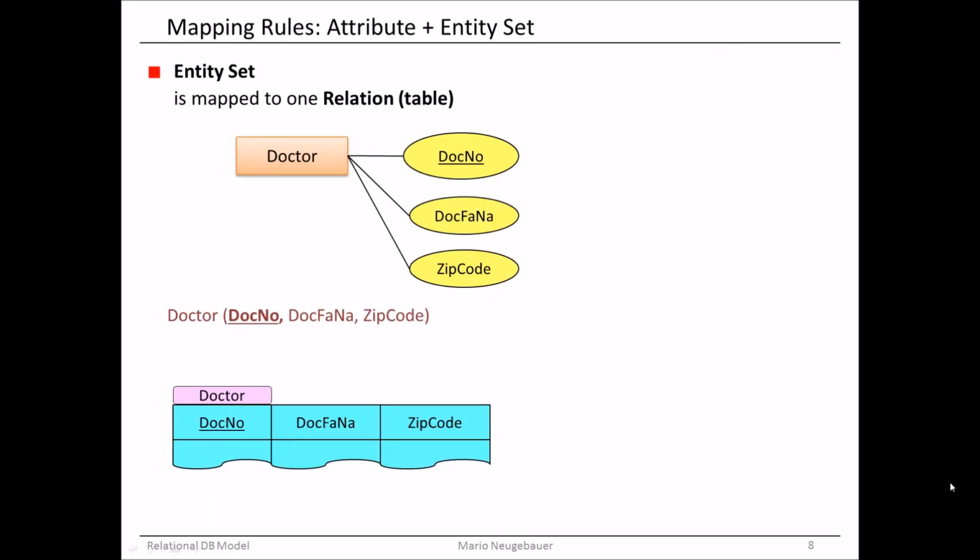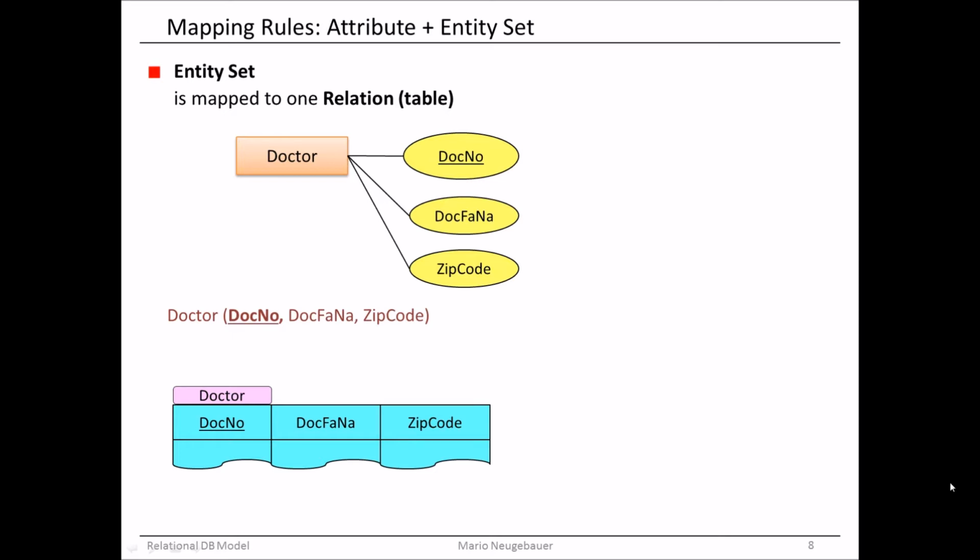Now in detail to the rules for mapping different components of the entity relationship model onto our relational database model. First, we have the entity set, or entity type, and we map this entity set to a table, to a relation.